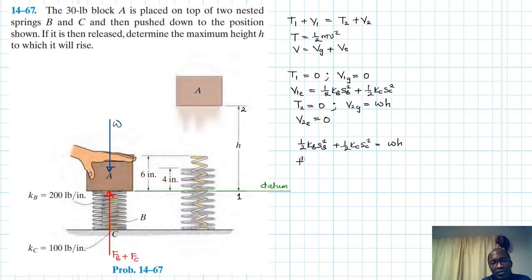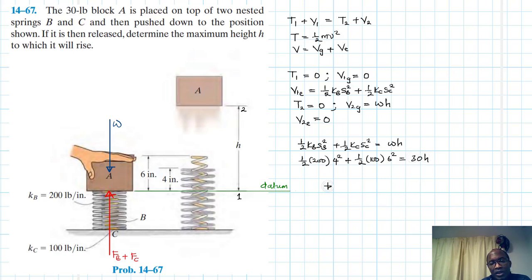So let's replace the values. We do have half, KB is 200, and SB, that's the bigger spring, the displacement for the bigger spring is 4. Then KC is 100, which is the smaller spring, smaller as in the diameter, its displacement is 6. Then this is equal to the weight, which is 30, times h.